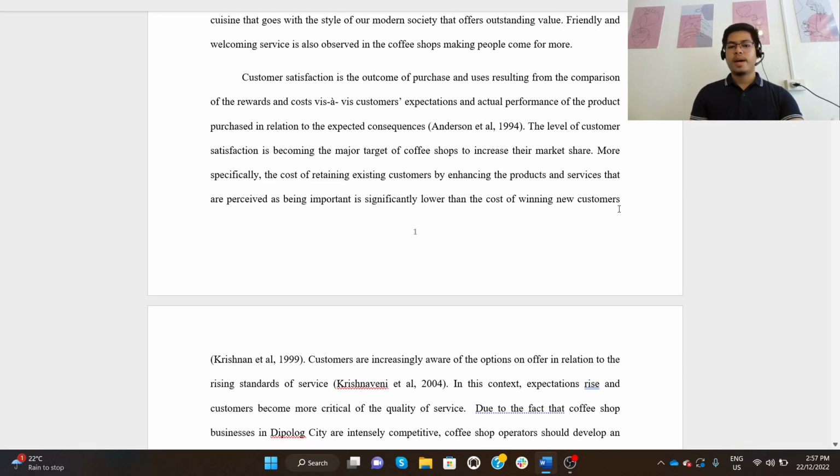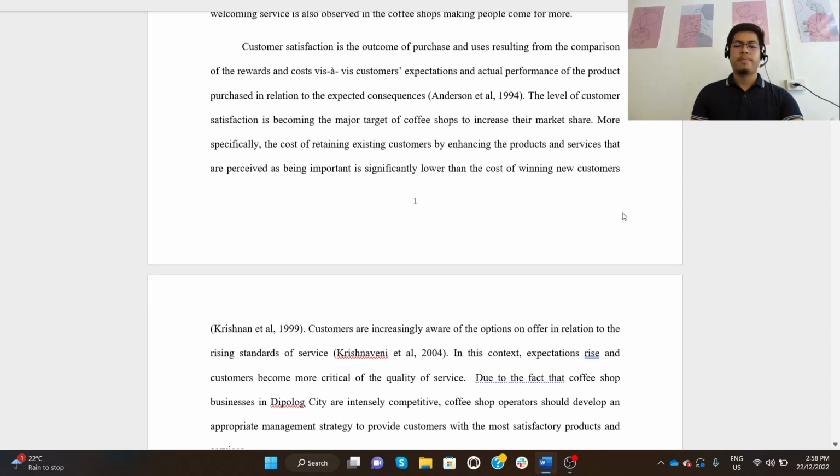Customer satisfaction is the outcome of purchase and uses resulting from the comparison of the rewards and costs vis-a-vis customers' expectations and actual performance of the product purchased in relation to the expected consequences. Anderson et al. 1994. The level of customer satisfaction is becoming the major target of coffee shops to increase their market share.